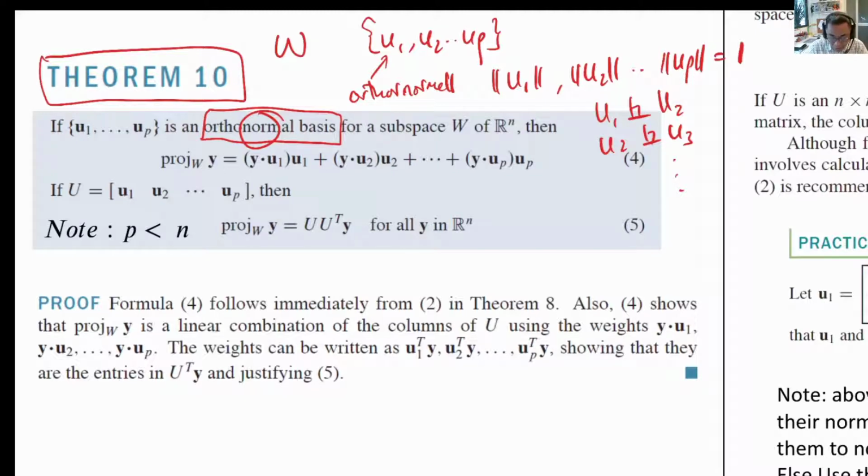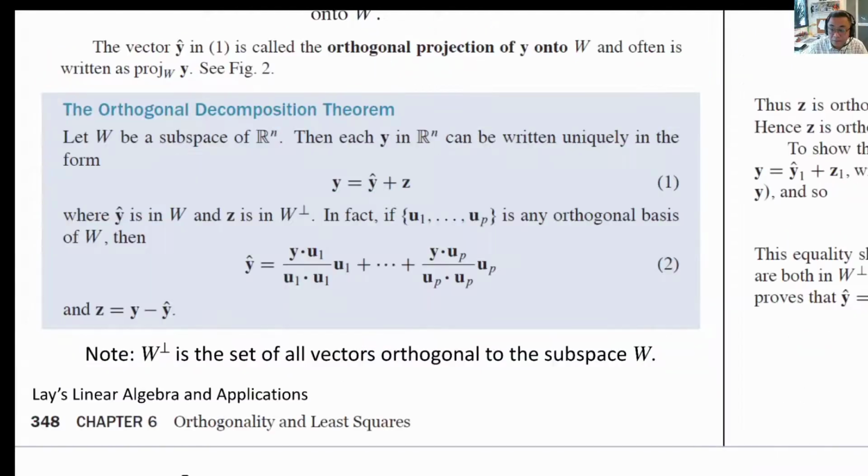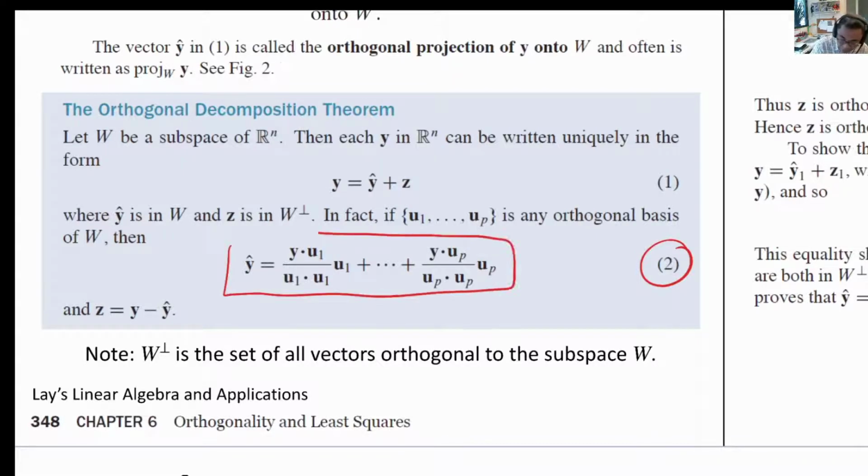When we have an orthonormal basis, equation 2 becomes easier. Let's recap equation 2, where in this example, u1 to up are only orthogonal bases. They are not orthonormal bases. They do not have unit length.